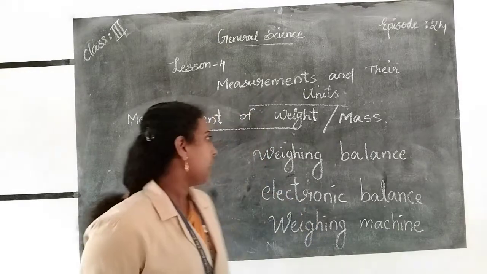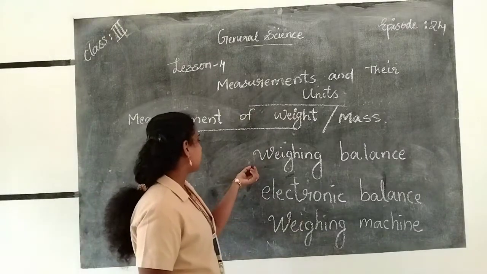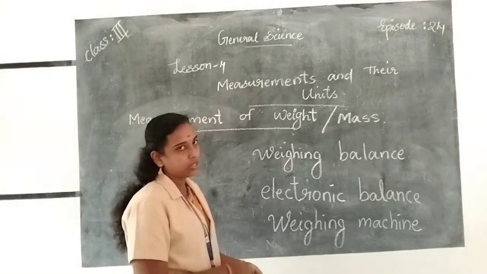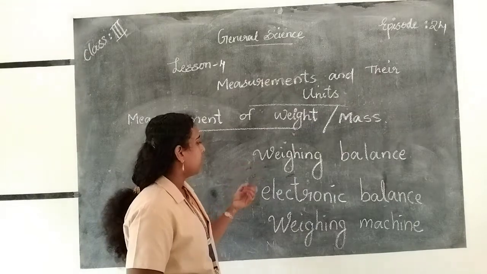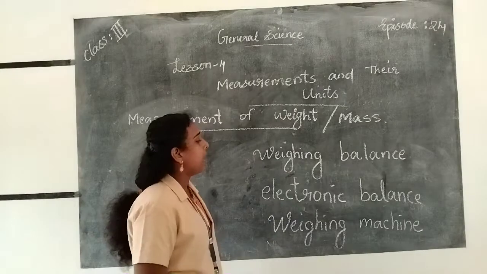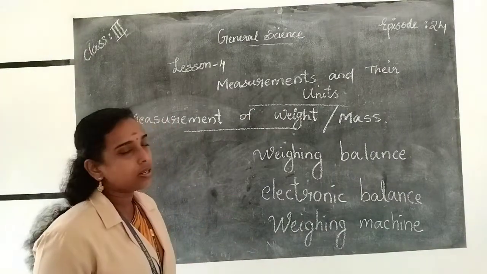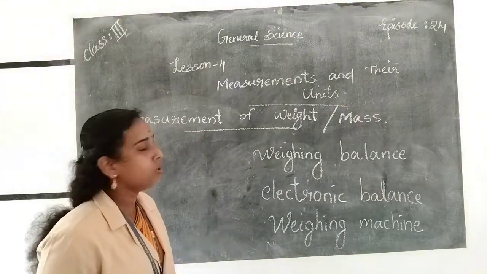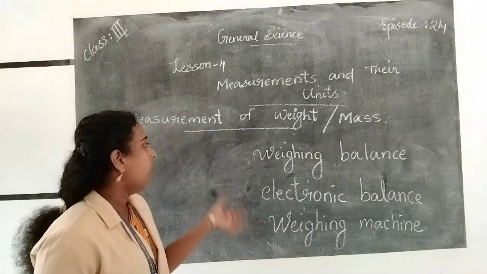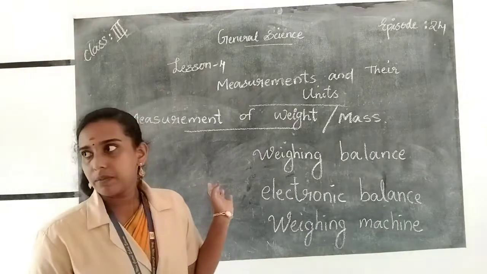So the three instruments that we use to measure mass or weight are weighing balance, electronic balance, and weighing machine. Write the spelling of these three words in your class book 10 times and send it to my WhatsApp, and also study the spelling of the words very well.